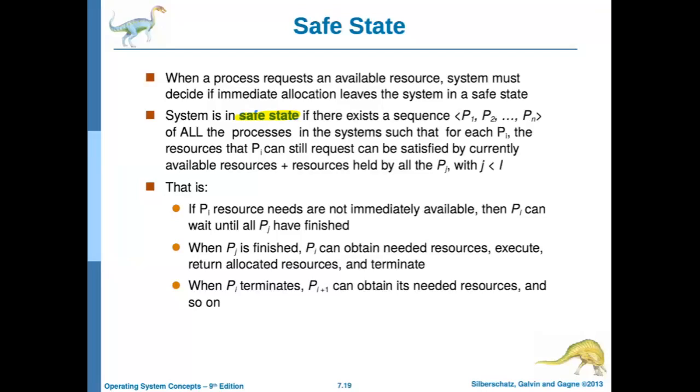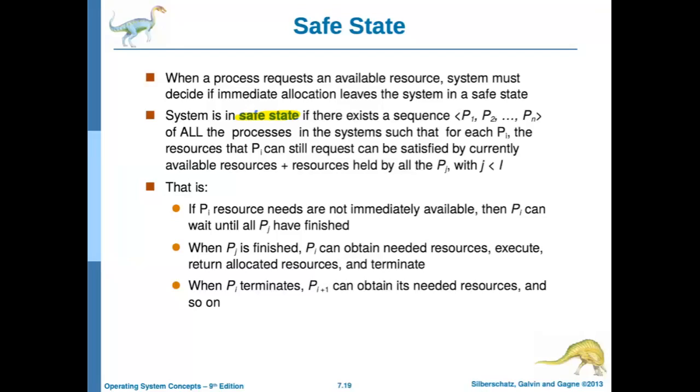That is the same thing put in more technical words. Whenever any process requests a resource, the system will check if immediate allocation of that resource to the process results in the system being in a safe state or not. If it results in a safe state, it will be allocated.